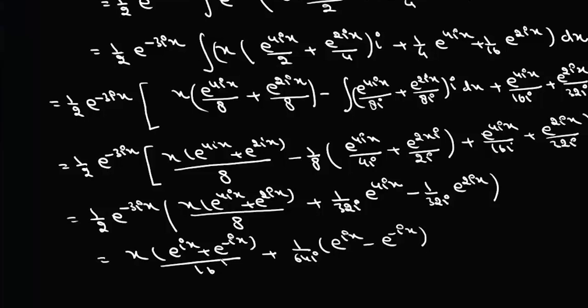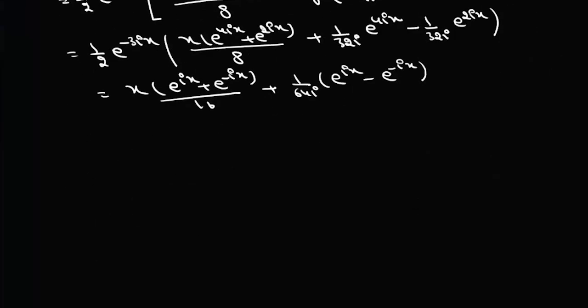Now this is 2 cos x, so it will be this x cos x by 8, and plus this is 2i sin x, so there will be 1 by 32 sin x. So this yp is x cos x by 8 plus 1 by 32 sin x.